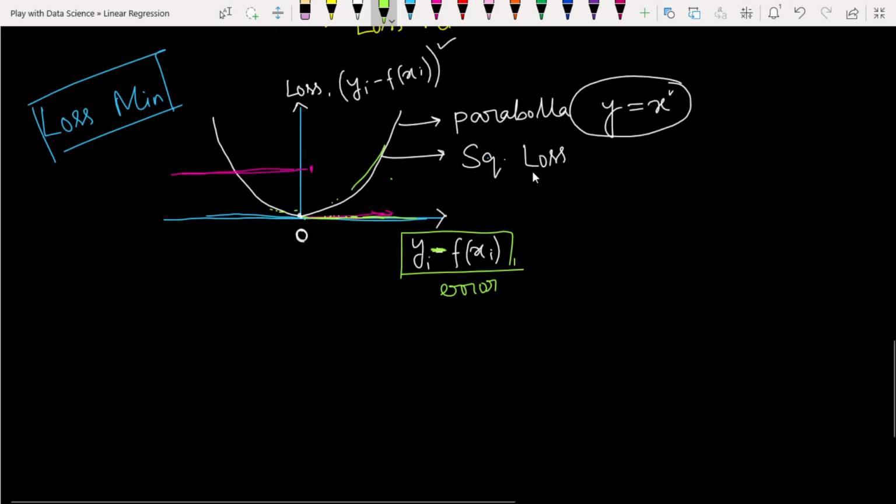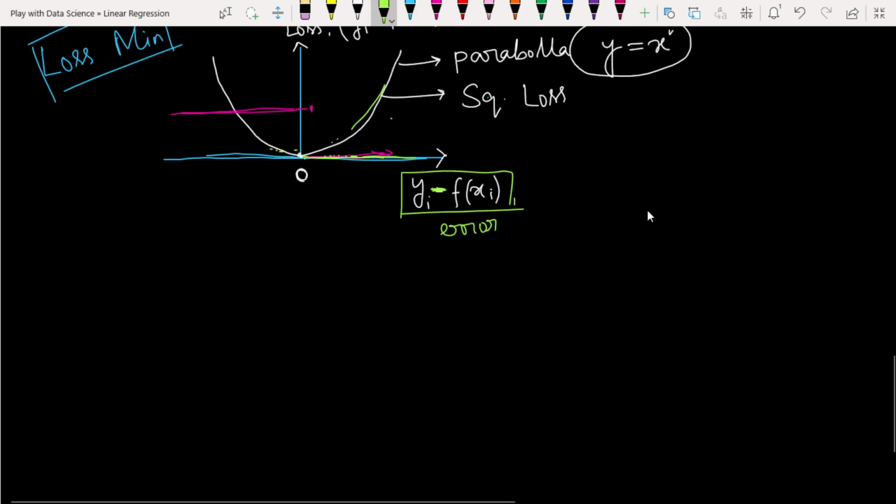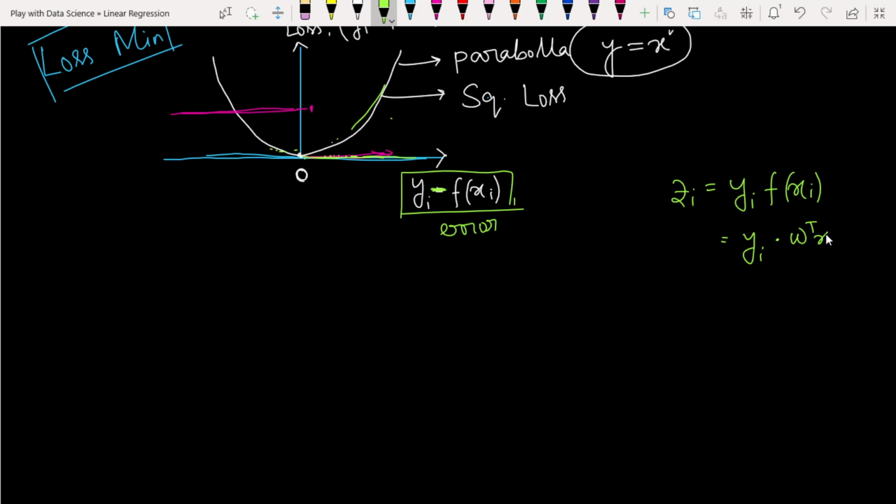Now remember, what is our loss in classification? We multiply yi into f of xi, which is W transpose xi, for logistic regression.